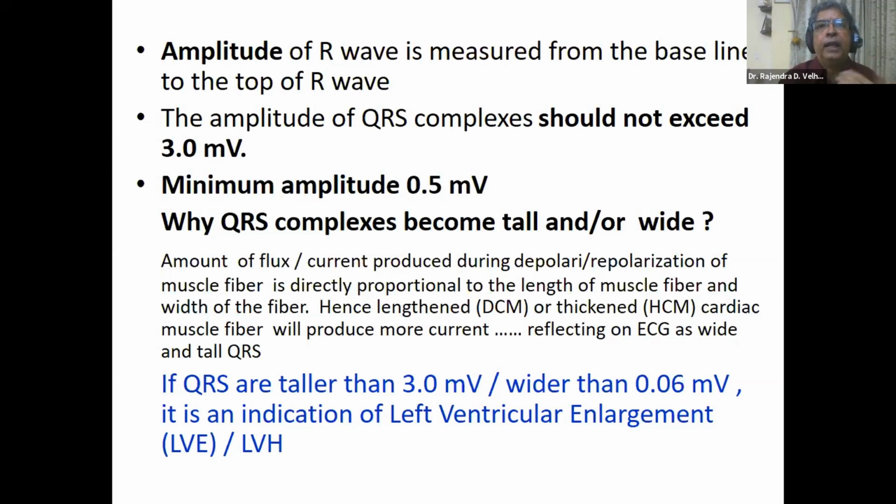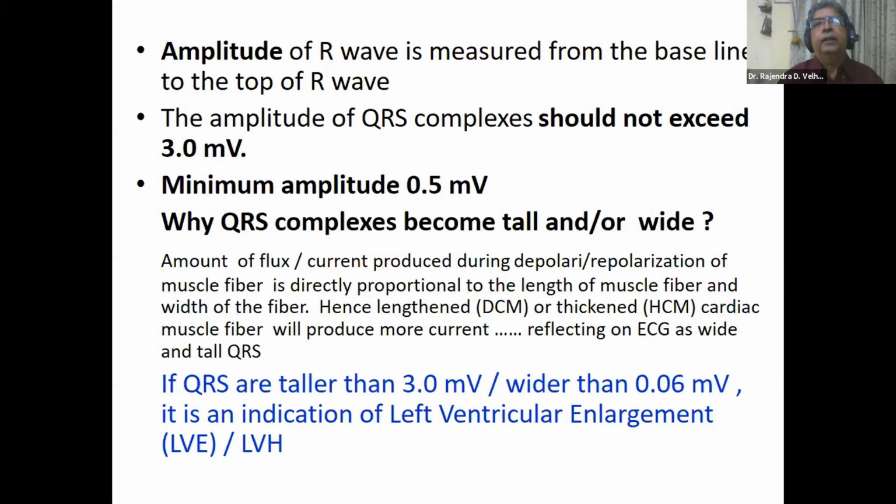And therefore, the electrical current produced by these lengthened or thickened fibers will definitely be more, because the current produced is directly proportional to the length and the width of the fiber. This greater amount of current or flux produced will be reflected on the ECG in the form of tall and wide QRS complexes.